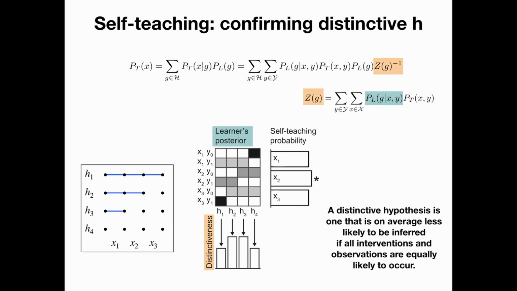A high value of Z of G means that G is more likely or easily to be inferred. The distinctiveness is then just the inverse of that. In this case, H2 and H3 are the most distinctive hypotheses. So the self-teaching tries to tell them apart by selecting to probe X2, where H2 and H3 are different.